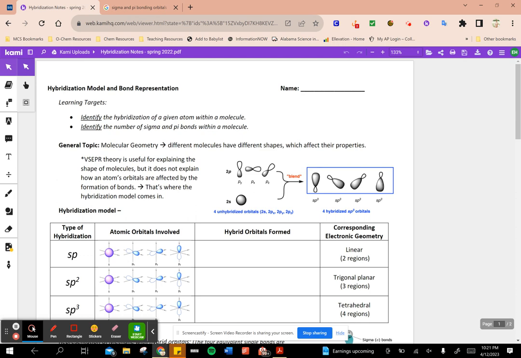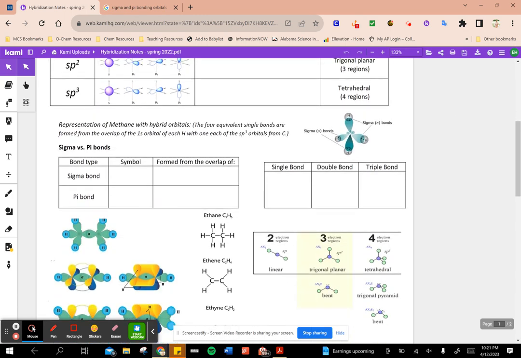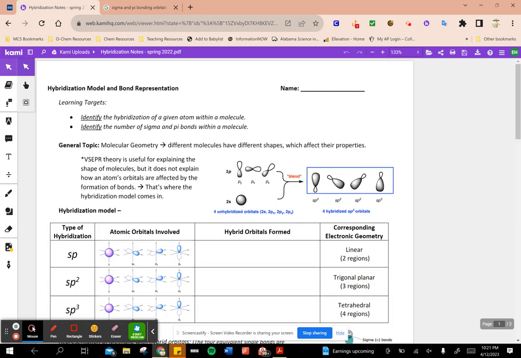Just to give you a little bit of a preview of how I'm going to go through the lesson: the front page of your notes is going to be more of the conceptual side of hybridization. I want to give you a heads up that a lot of this may go over your head, which is totally fine.